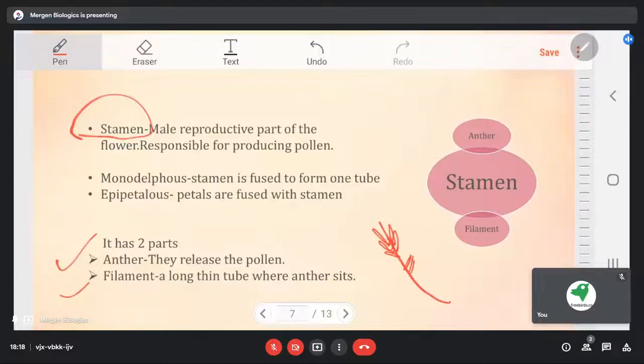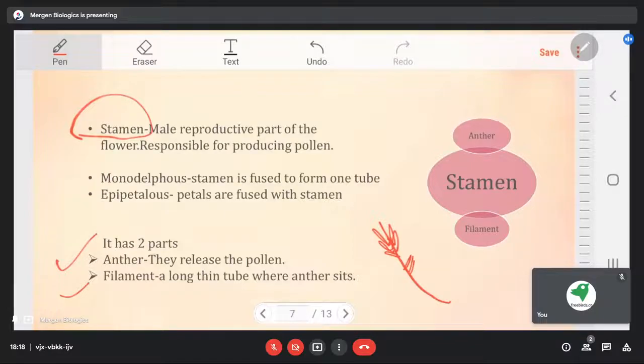Again, the prefix mono is for number one, and the prefix poly is for more than one. When they are not fused, or they are individual and many in number, then they are known as polydelphous.